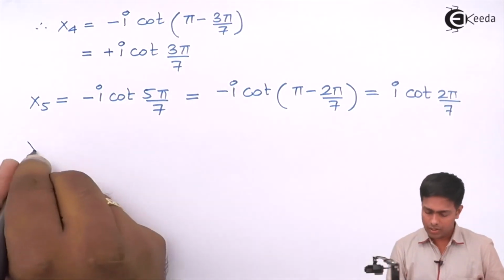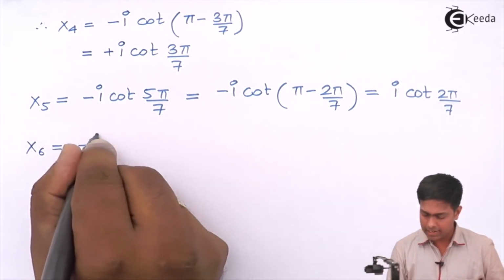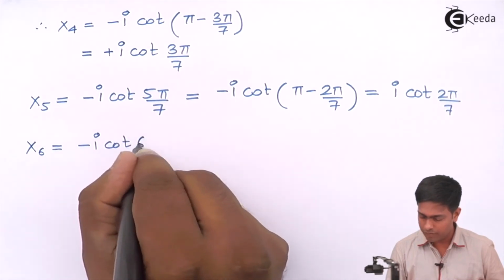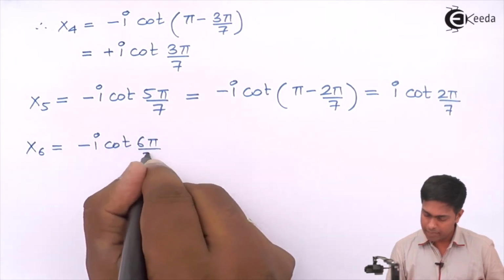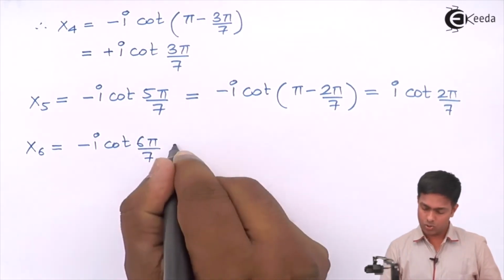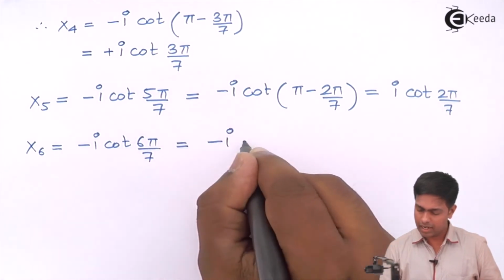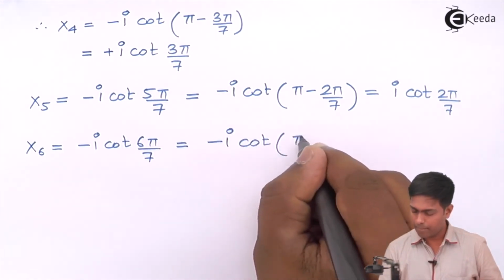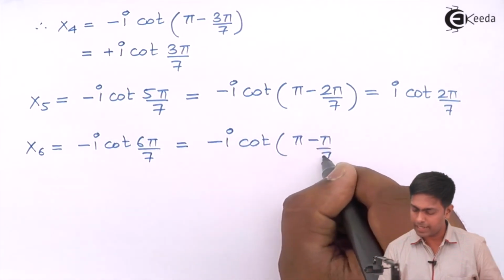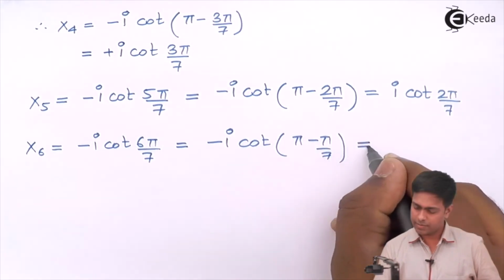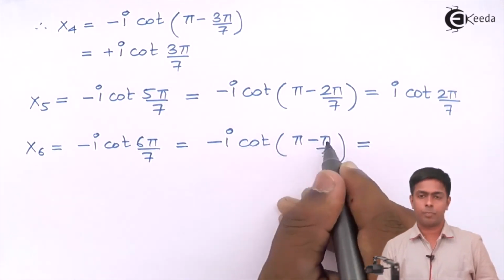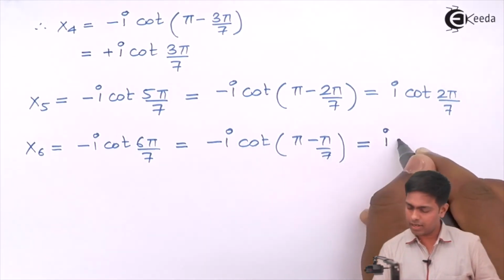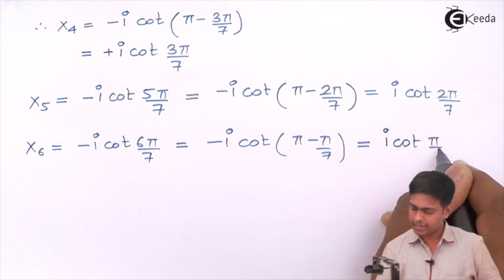And the last root, that is x6, is minus i cot of 6 pi by 7. So again this is minus i cot of pi minus pi by 7, which is minus cot pi by 7, minus minus plus i cot pi by 7.